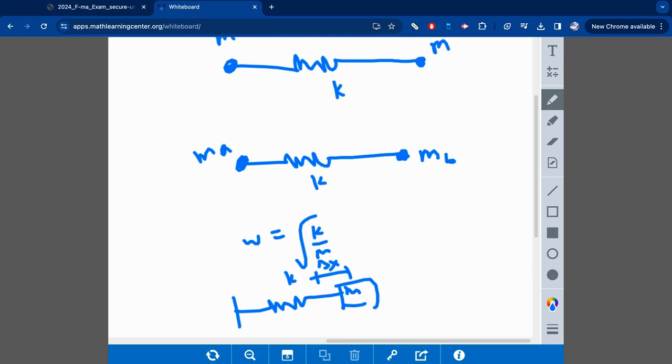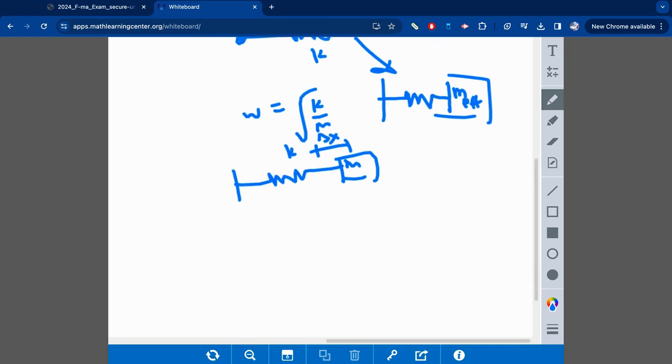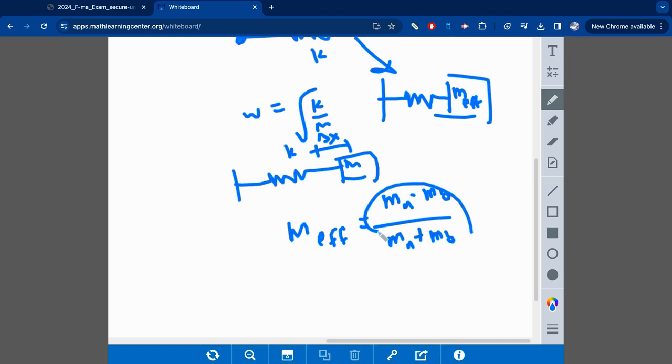So we're trying to convert this into an equivalent system like this with an effective mass. The formula for the effective mass is simply MA times MB over MA plus MB, and we can plug this effective mass into this equation.